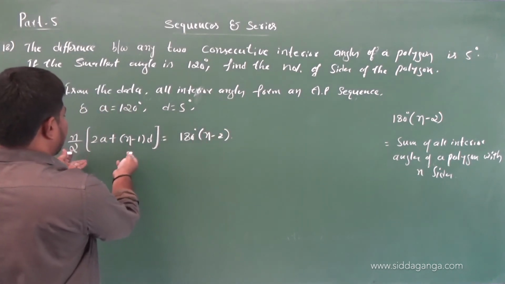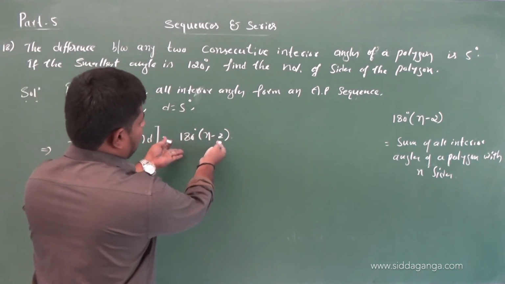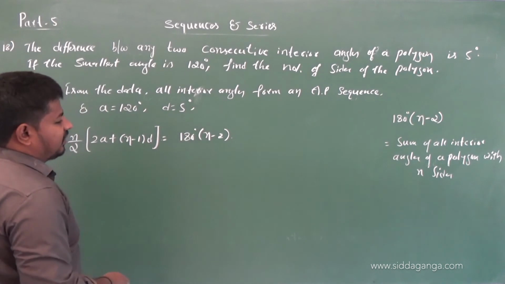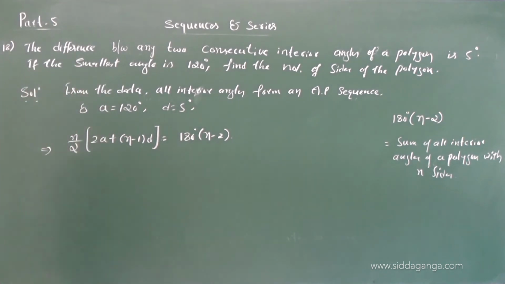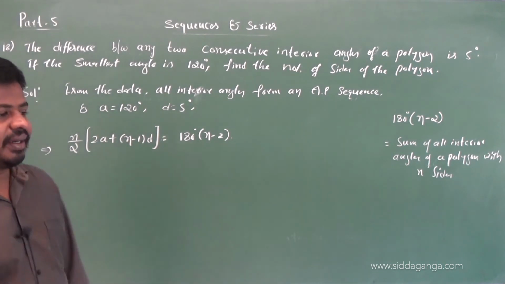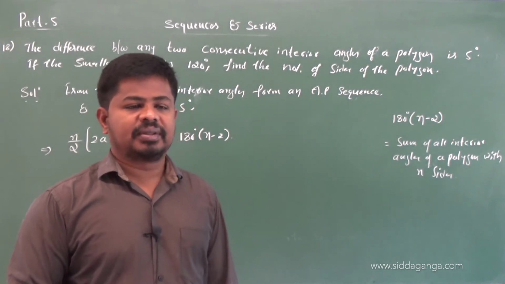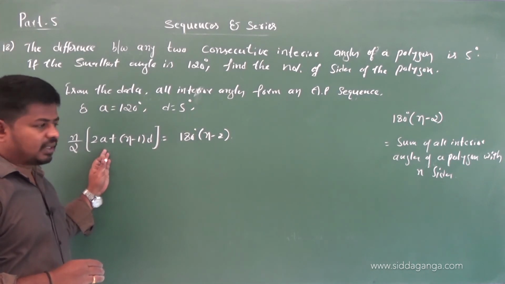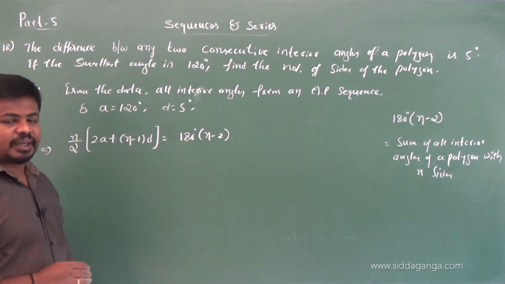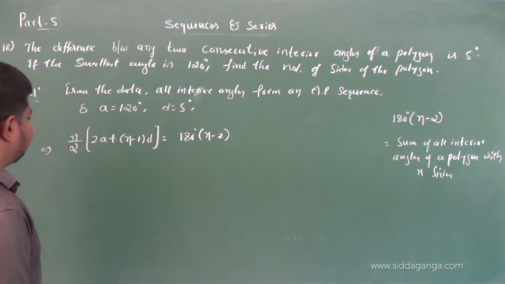Hope you got this, right? Since all interior angles of a polygon form an AP, the sum of all n interior angles is equal to 180 degrees into n minus 2. Let me simplify this, you get the value of n.